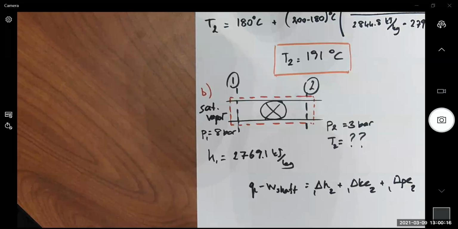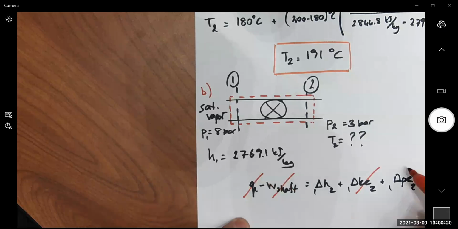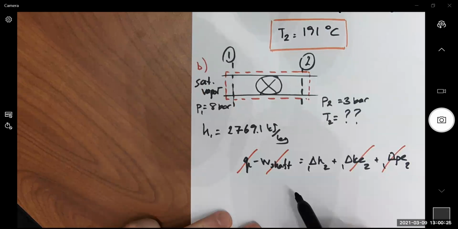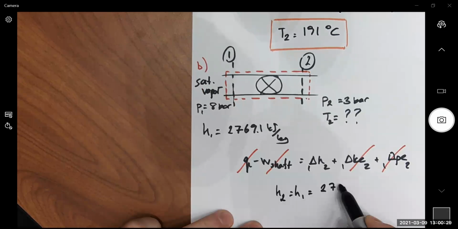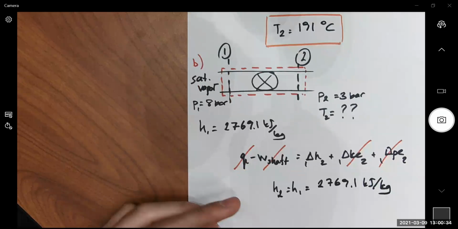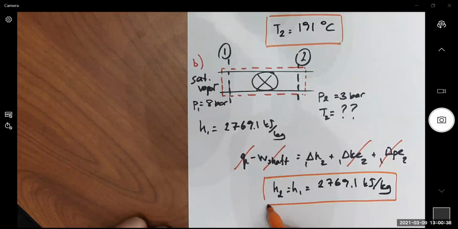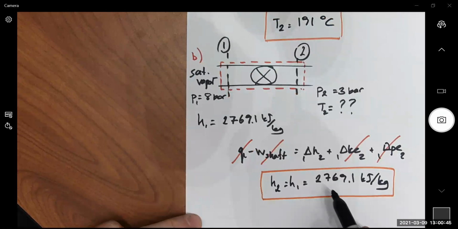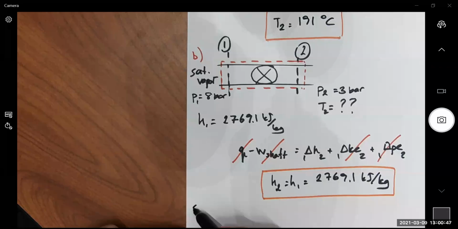After eliminating the negligible terms, Q, W, kinetic energy, and potential energy, H2 equals H1, which is 2,769.1 kilojoules per kilogram. Again, this should be superheated.